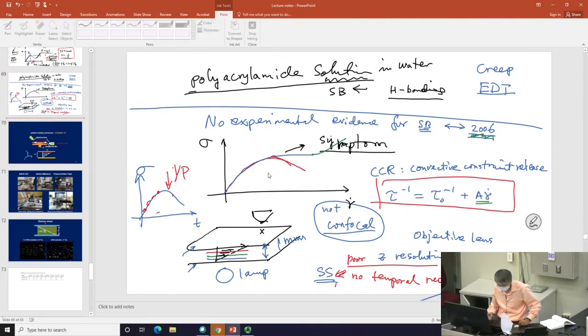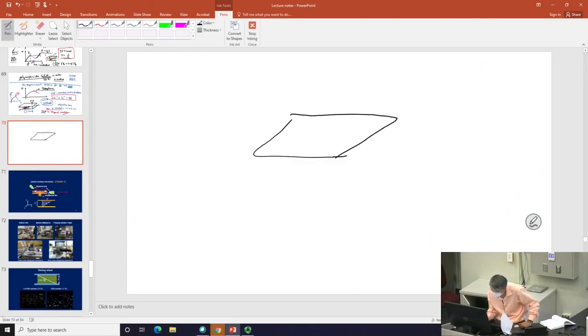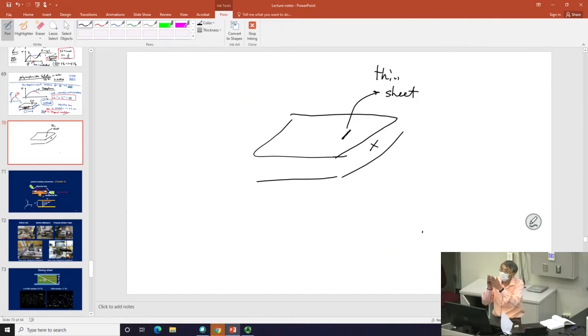So now let's go to a scenario. So here it is. You're going to put your camera into it, and it's going to watch inside, and we're going to send a sheet of light, very thin. So only that part, the particle, is illuminated. All the other part is dark.